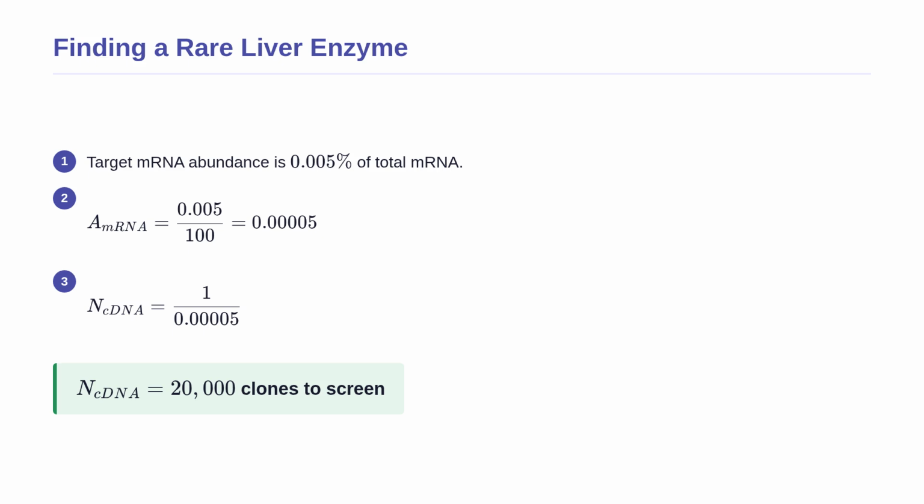Dividing by 100 gives us an abundance of 0.00005. We then substitute this tiny decimal into our formula, taking its reciprocal. This is exactly like calculating how many times you must roll a die to expect a specific number. The calculation yields exactly 20,000. The researcher must screen an average of 20,000 clones just to find a single copy of this rare gene.